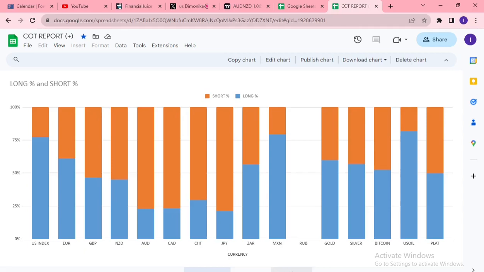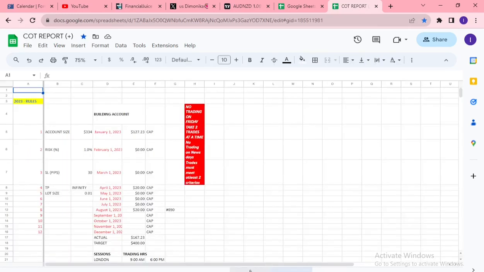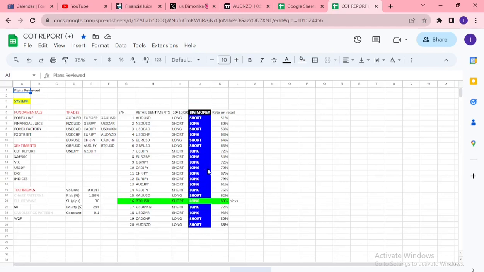So let's look at the retail sentiment, which is the third factor.